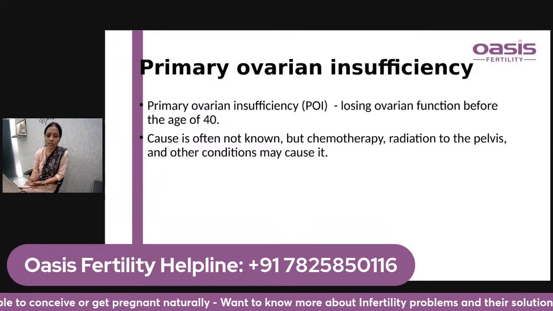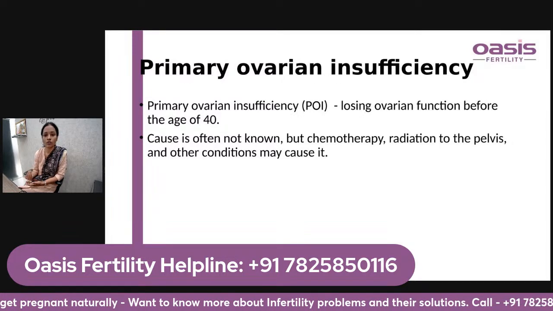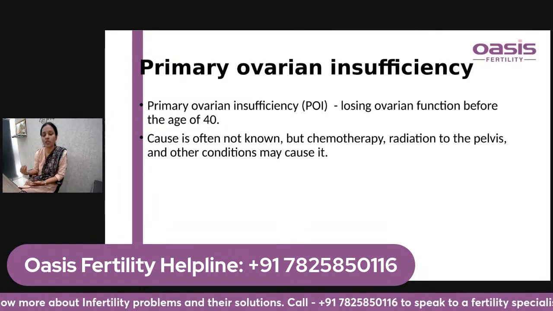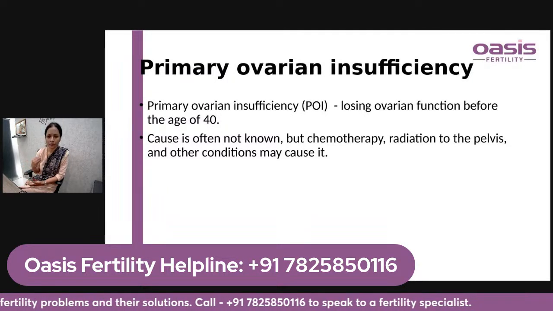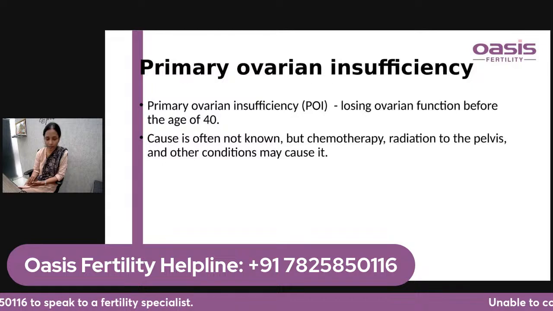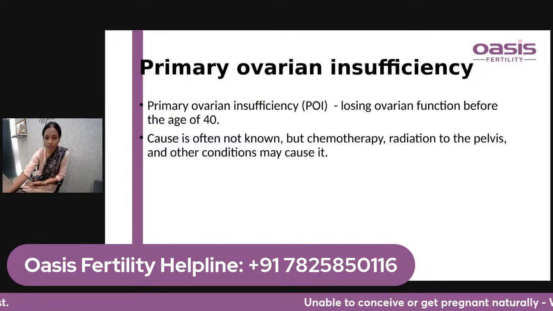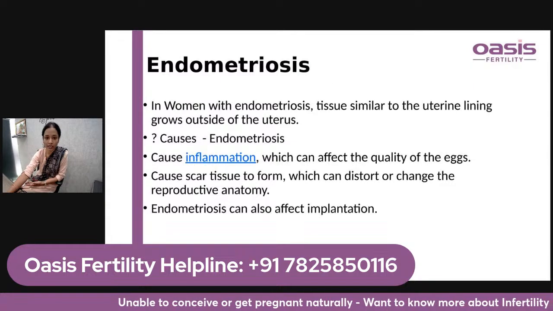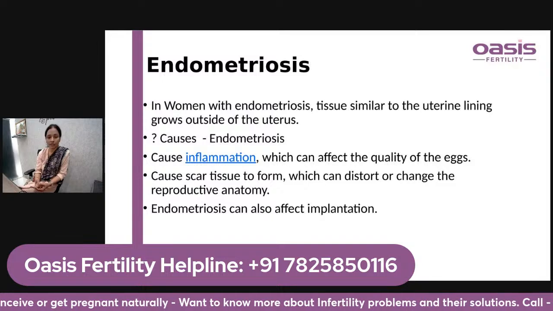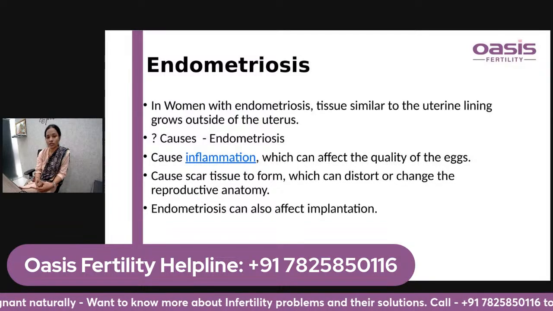Some are because of genetic problems, some because of other associated conditions like endometriosis, or problems because of infection in the ovaries, or any surgical treatment in the ovaries, which can also reduce your AMH and reduce your egg count. So this is one of the tests that necessarily has to be done if the couple comes with secondary infertility.